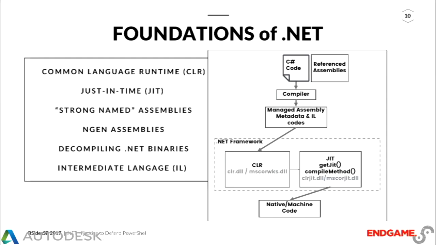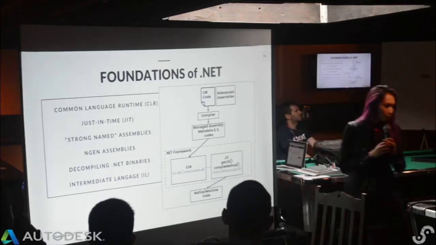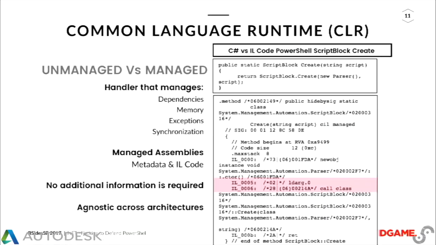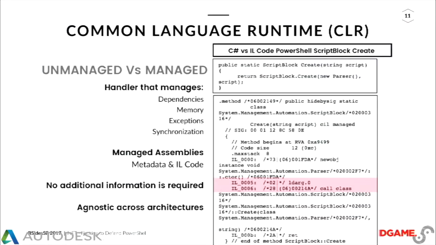And this all gets handled where the JIT turns that into native machine code, which is CPU instructions. So you can see, this is actually from PowerShell itself. When you decompile it, you can look at the script block create. This is what the C# code looks like, and this is what the equivalent IL code looks like.